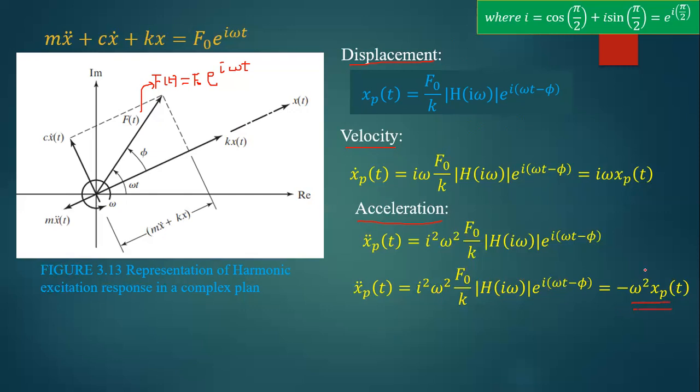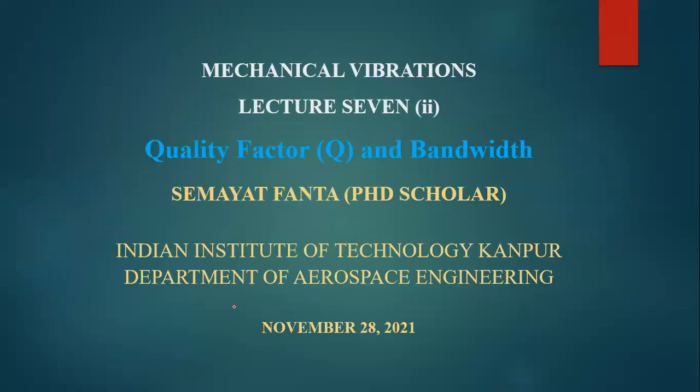So this is the acceleration, this is the velocity, and this is the displacement. This is the complex representation of a harmonic function.